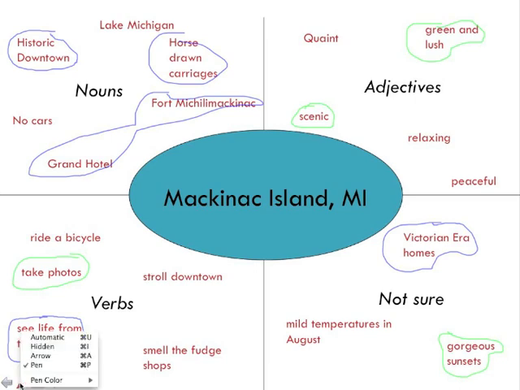And just for the sake of this activity, can we think of maybe one more category? Well, this time I'll use red. What else can we do? Well, I do see that one of the reasons I like to go to Mackinac is I find it very relaxing, which, of course, I could group together with peaceful.